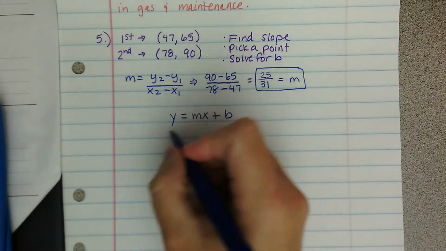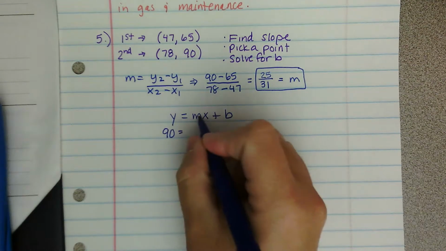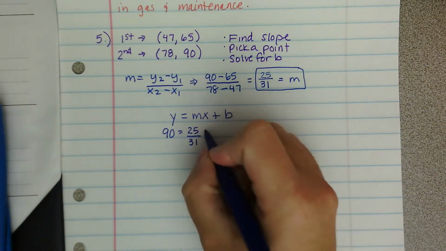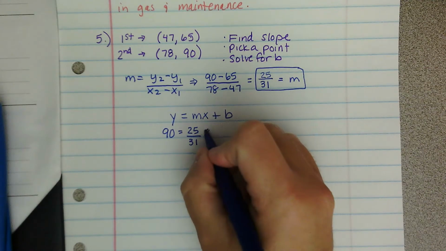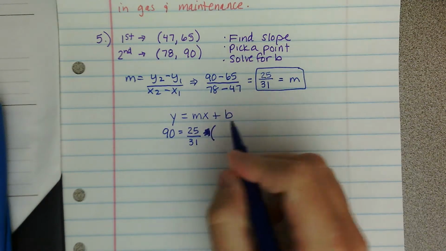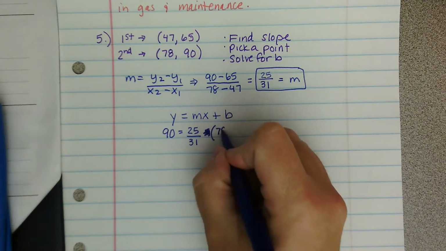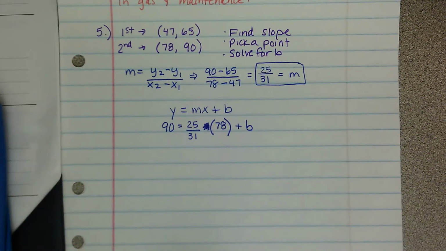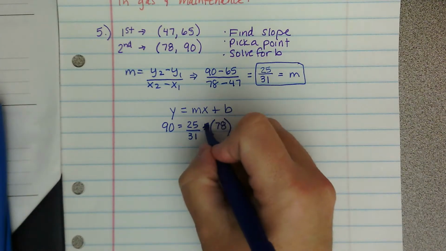So the 90 is the y. The slope is 25 over 31. Oops, the x, I forgot I was substituting, is 78. And I'm solving for b. So we'll call this a big fat multiply.